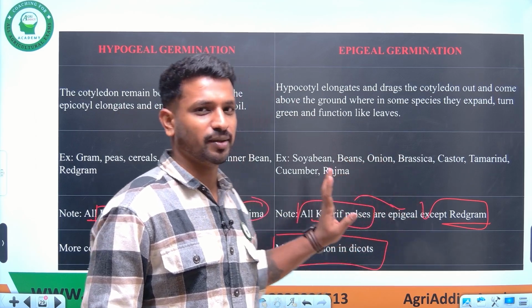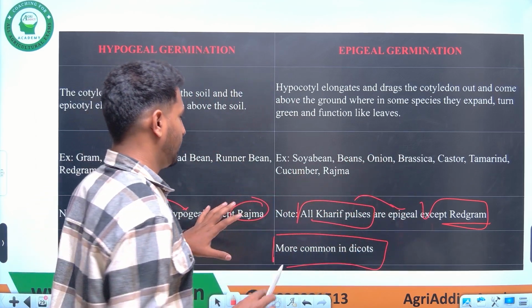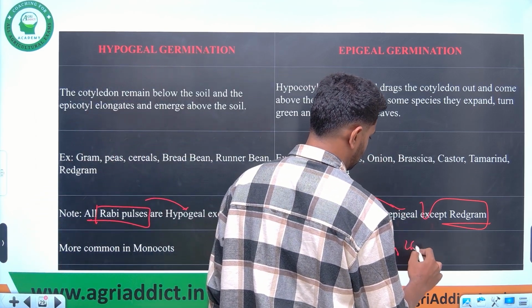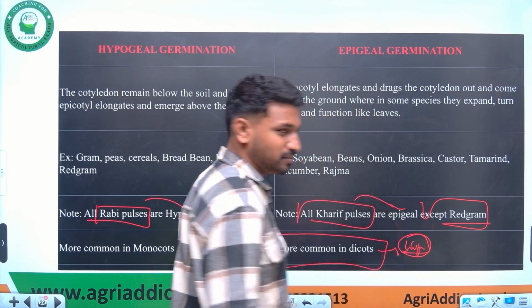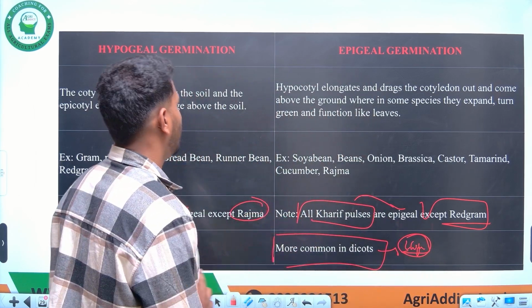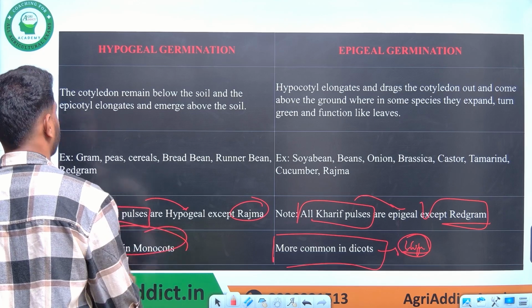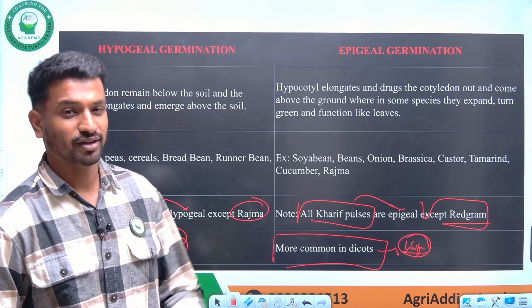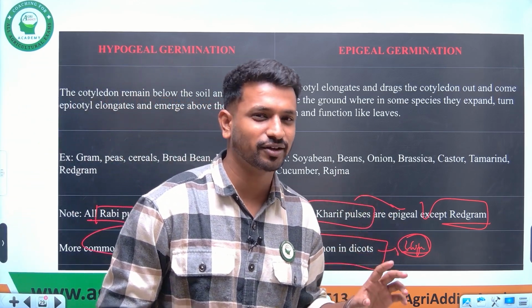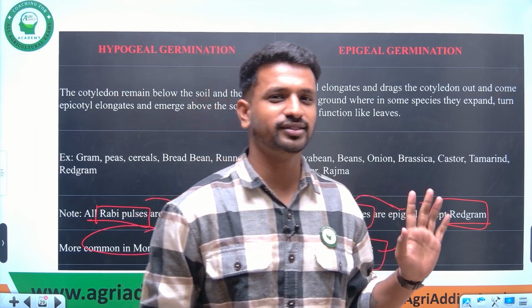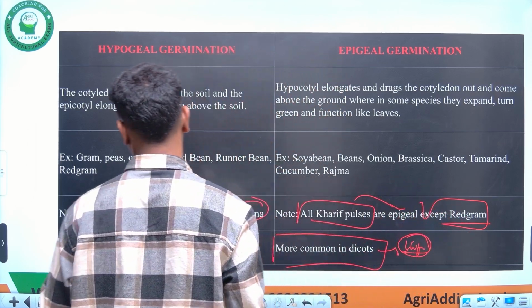Mostly dicots are epigeal, with good exceptions like chickpea, but the majority of the time dicots are epigeal, and in monocots hypogeal is most common. For the rarest of rare cases in the exam, use this trick. This will definitely work.